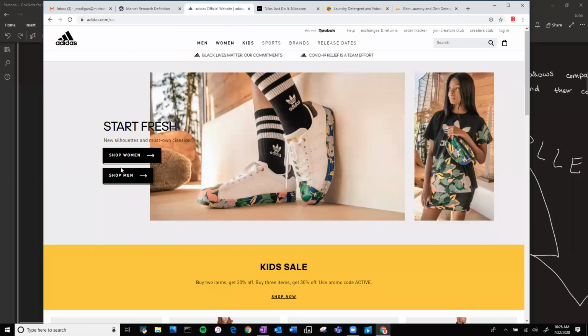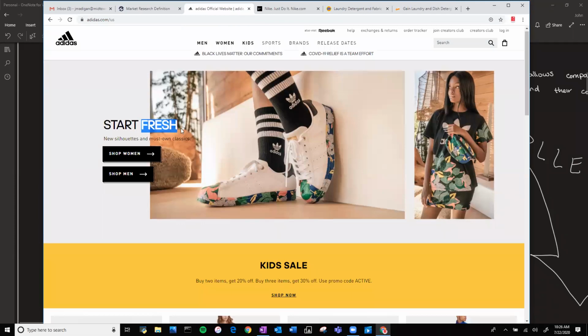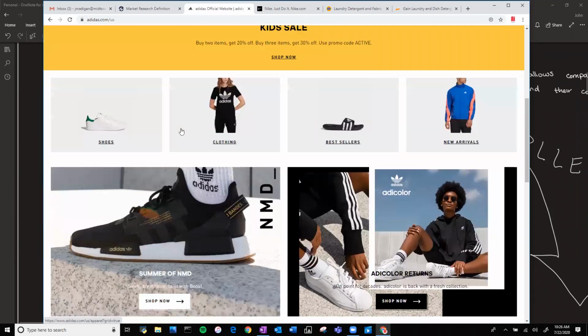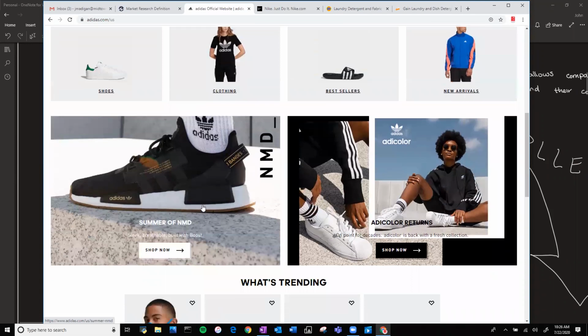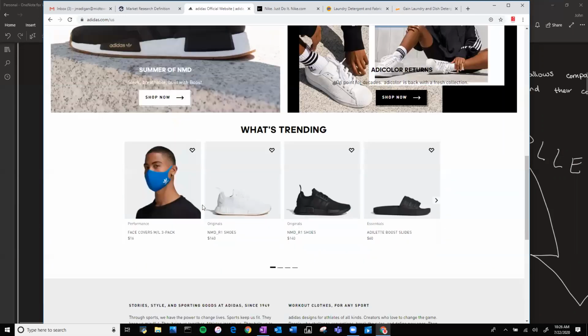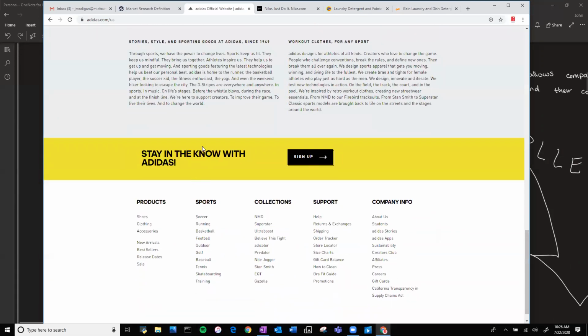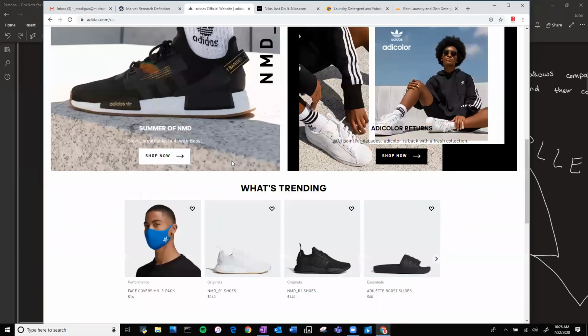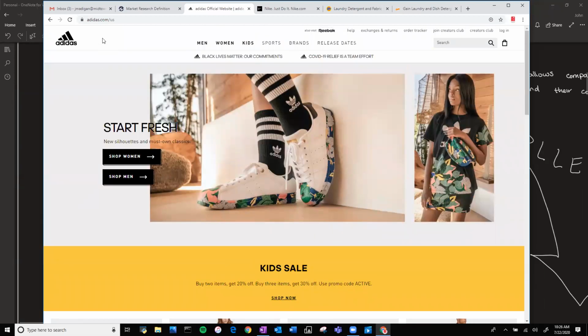from other businesses. With Adidas, they seem to be very focused on fresh and trendy, right? What is the latest trend? What is the style, right? They're focused more on style and what's trendy, stay in the know. All this is geared towards what's fashionable, while still being a little bit sporty.